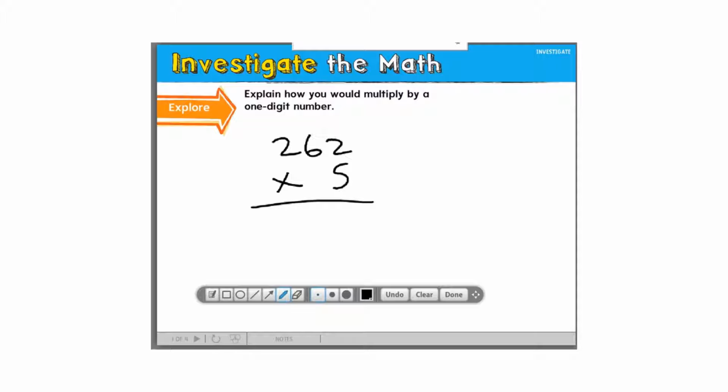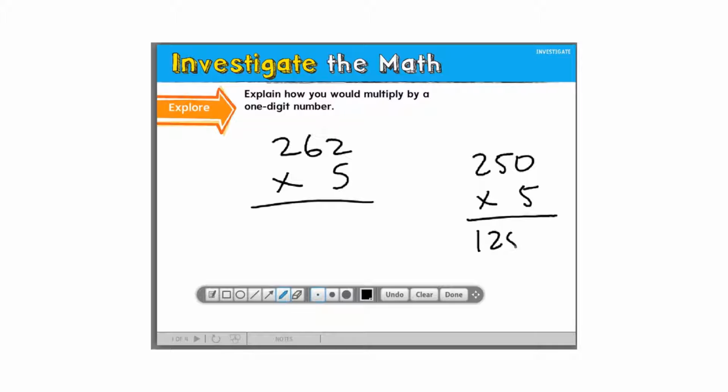So my estimate, you could do a couple of different ways. But if you did 250, you could do that times 5, because I know that 25 times 5 is 125 with a 0 on the end. You could make it 260. You could make it just 200. You can make it 300. You're going to get numbers close.